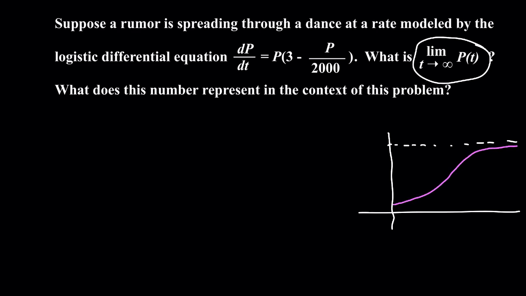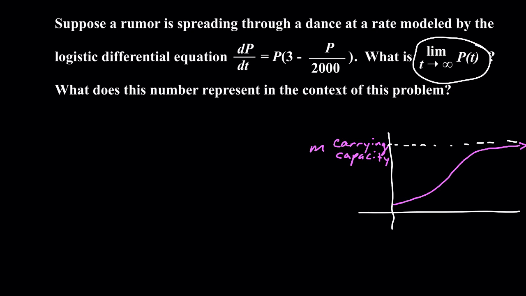Your graph approaches this y value, which is your carrying capacity. And that carrying capacity, which is the letter M that we have used in our formula, that's what we want to find. That's what our limit is going to be.